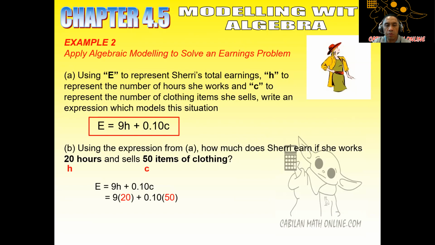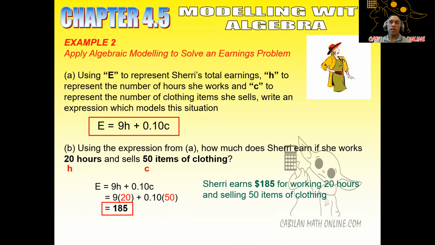And from this last step here, we're just going to simplify that. And that gives us a total here of $185. Okay, so start off this question here just by understanding the fact that in this case, the hours and the number of items clothing sold just replaces H and C respectively.